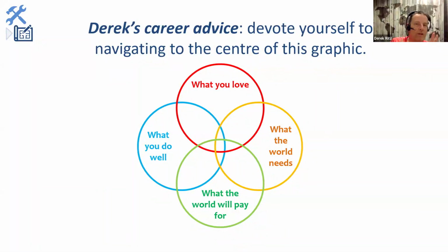You're investing in what you do well. My career advice to you is find the overlap between what you do well, what the world needs, what the world will pay for, and what you love, and make your way to the center of this Venn diagram.